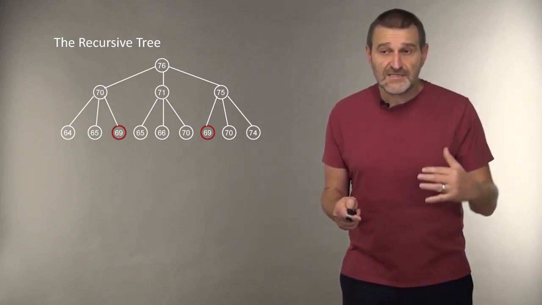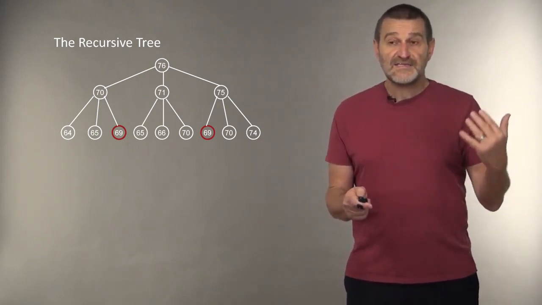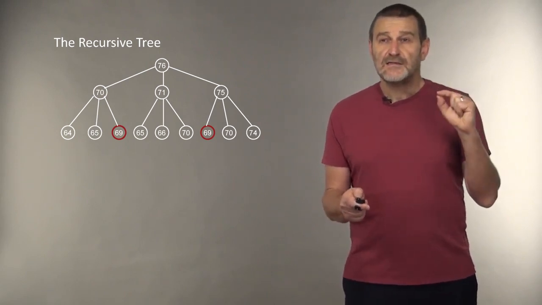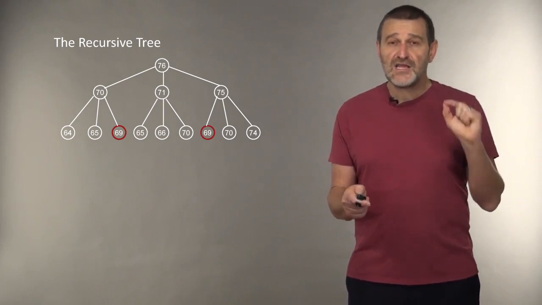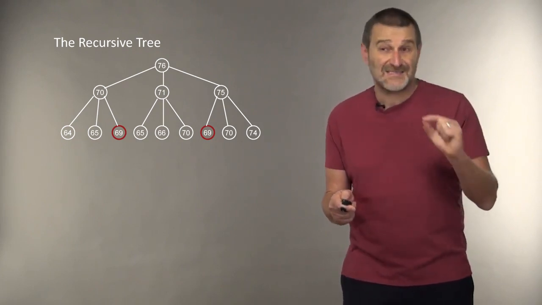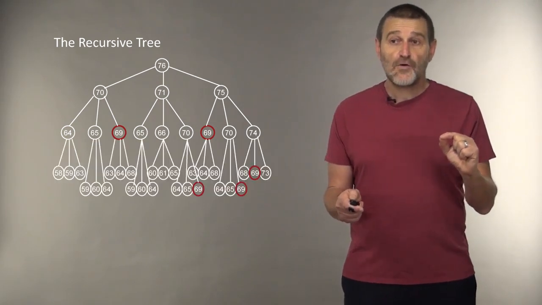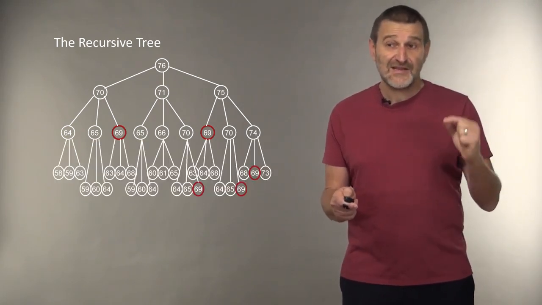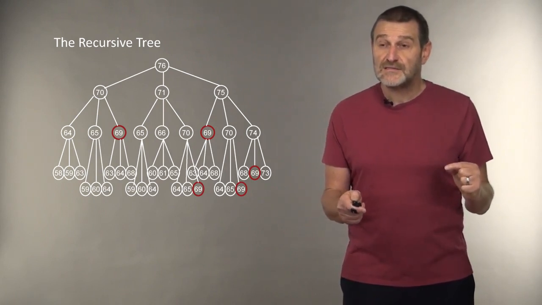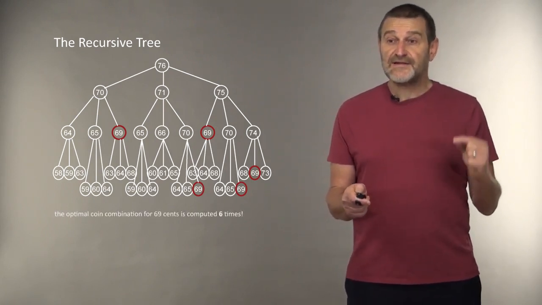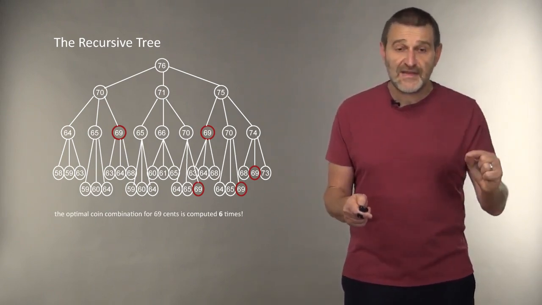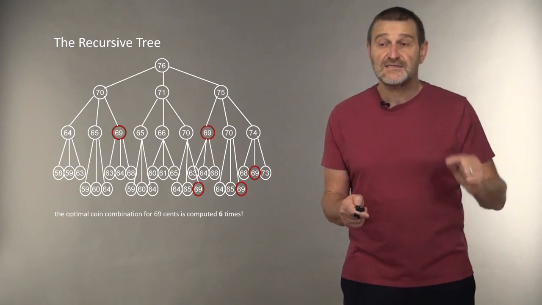And we continue this way recursively, and we see that to compute 76 cents, we actually need to compute the optimal amount of change for 69 cents twice. But if we go further, we see that we actually need to compute it more than twice. Now we see that we need to compute it 5 times. In reality, we actually need to compute the optimal coin combination for 69 cents 6 times.